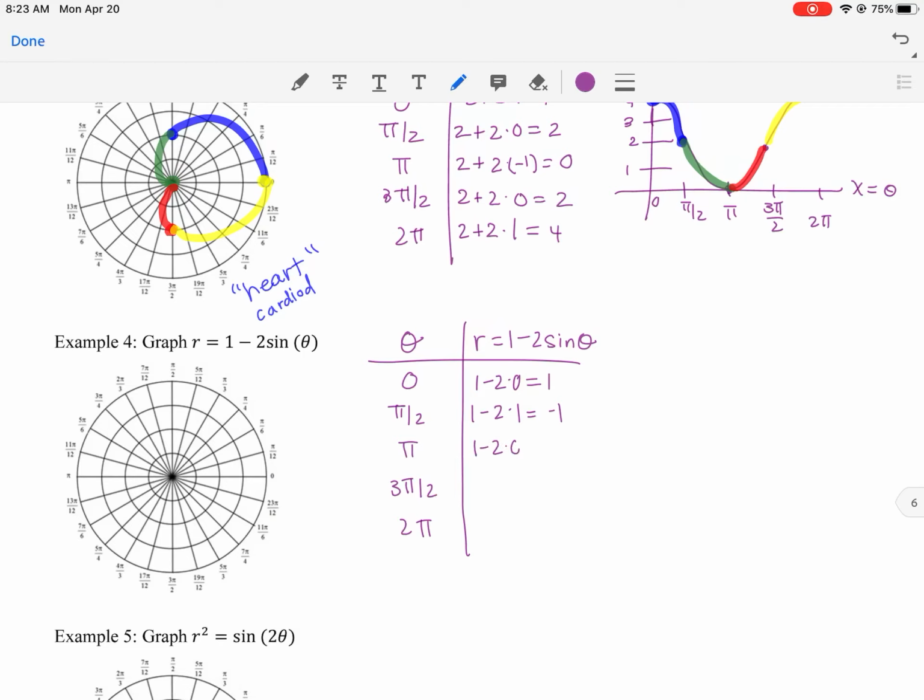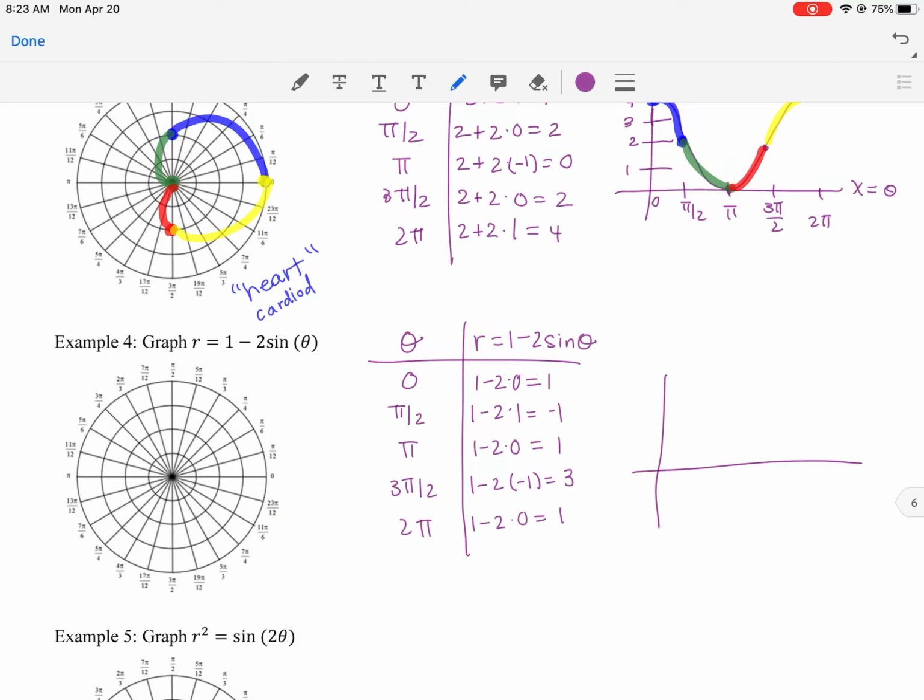We're going to do 1 minus 2 times sine of pi is 0, so we get 1. 1 minus 2 times sine of 3 pi halves is negative 1, so we get 3. And 1 minus 2 times sine of 2 pi is also 0, so we get 1.